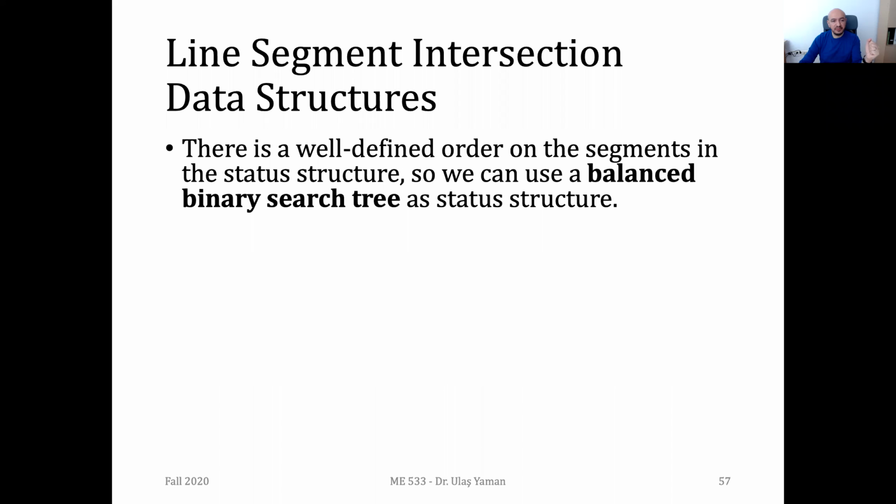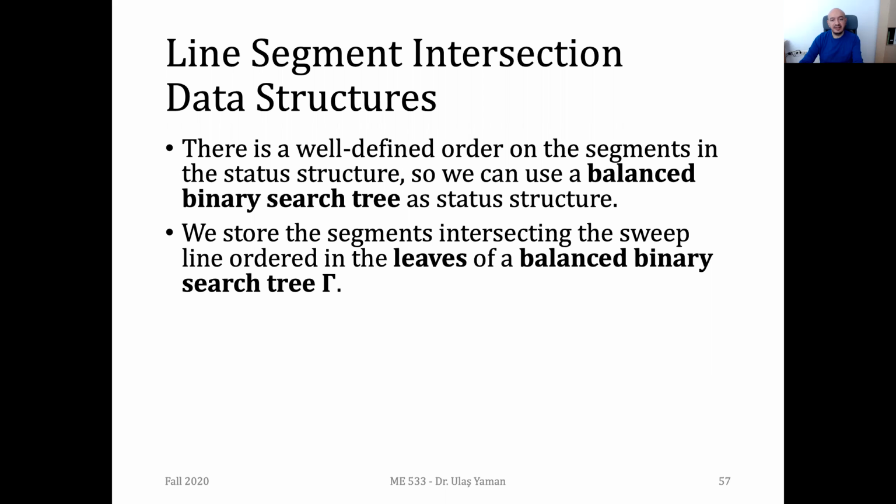And again, for that purpose, we will use the same type of data structure, a balanced binary search tree. And again, we will be storing the line segments which are intersecting the sweeping line as the leaves of the binary tree. So let me draw it here.